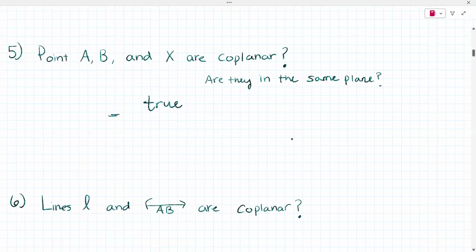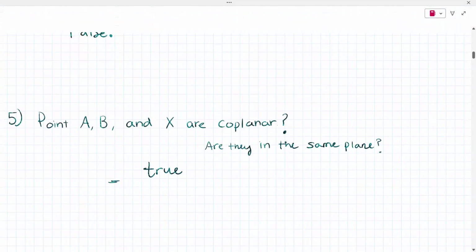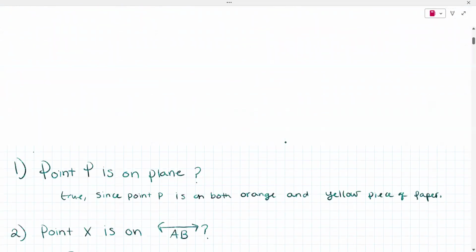Okay. Number 6, line L and ray AB are coplanar. So what does coplanar mean? Are they in the same plane? So let's look at our figure.